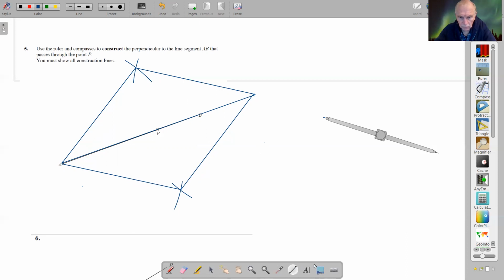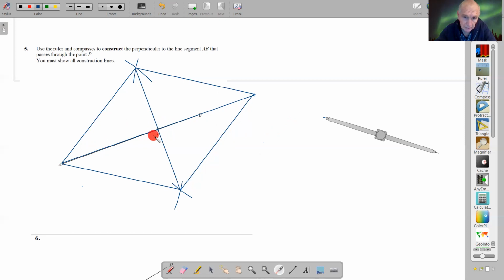Now the useful properties of a rhombus. Let's just draw this diagonal in, which lo and behold goes through P. Now the useful properties are that first of all these diagonals not only bisect each other, which means that this one cuts this one in half and this one cuts this one in half, but they basically do it at right angles.